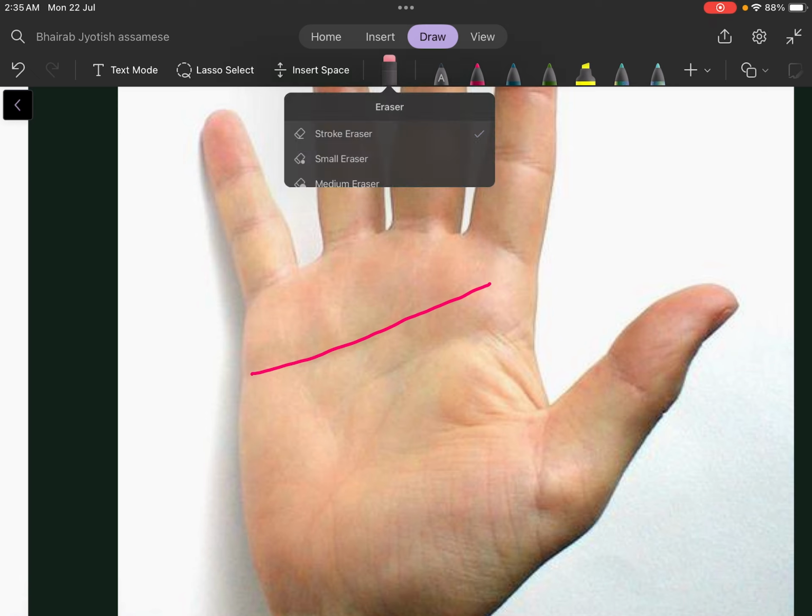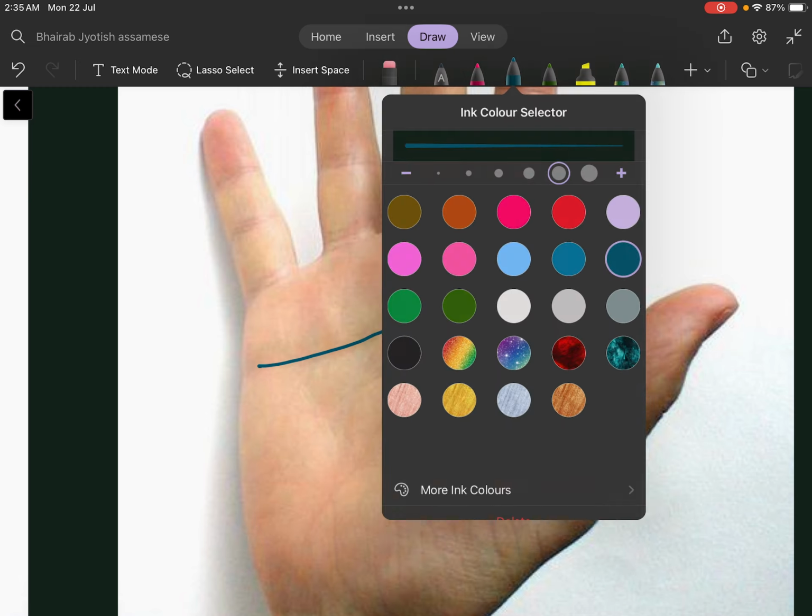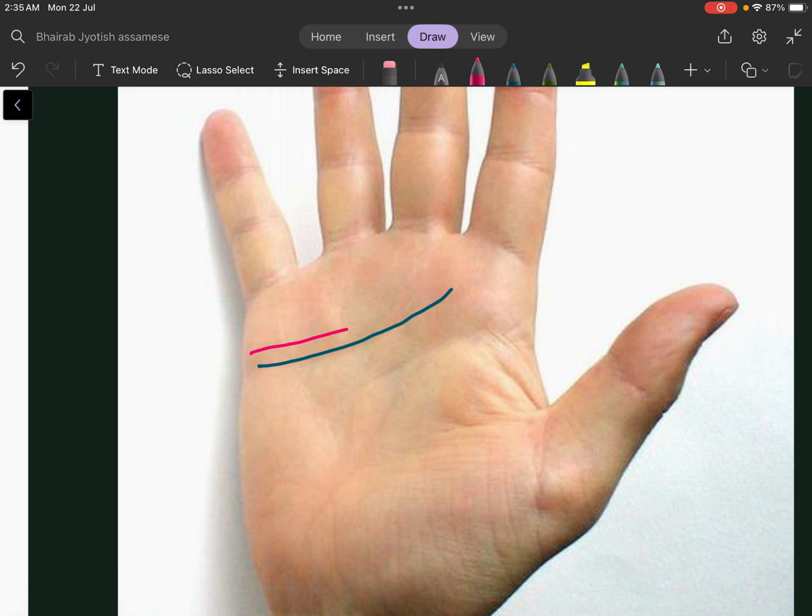Now the second point. Suppose you have a heart line as well as a secondary line. Suppose you have two heart lines. Let me show you. Suppose this is a heart line, and you have a secondary heart line, which is parallel. These two lines may not be equal in length, but they are parallel to one another.